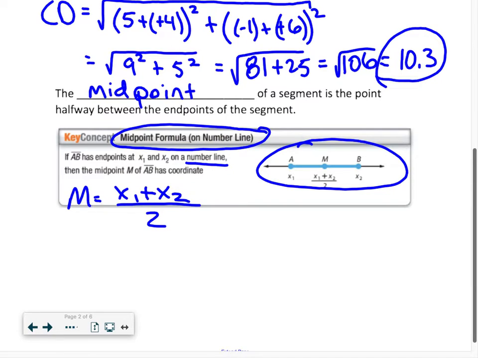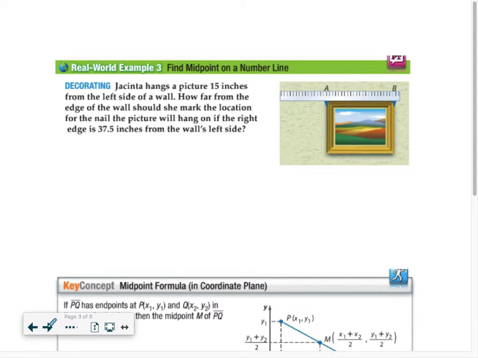So our next example is midpoint on a number line. Jacinta hangs a picture 15 inches from the left side of the wall. That's A, the picture's 15 inches away.